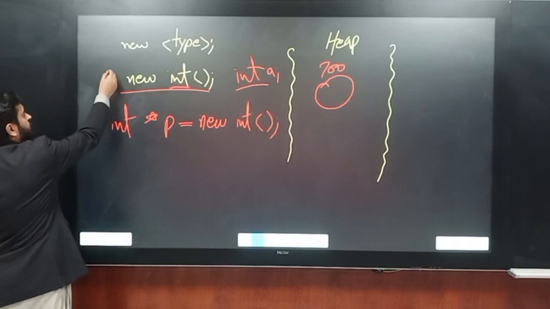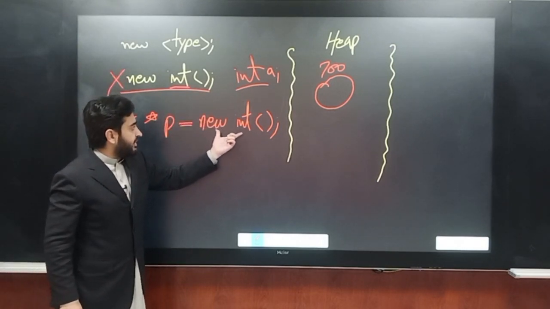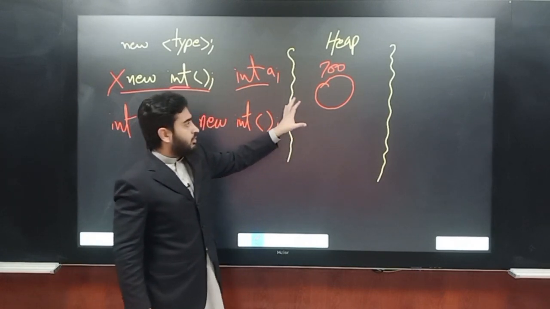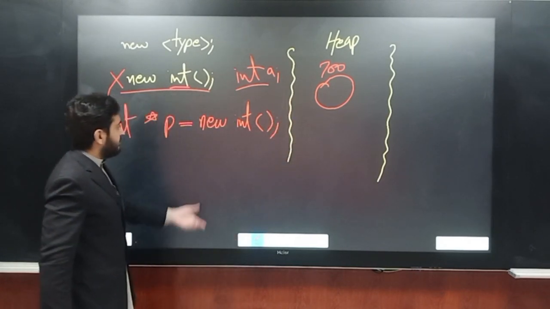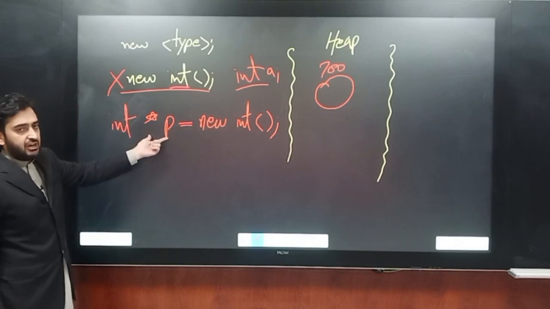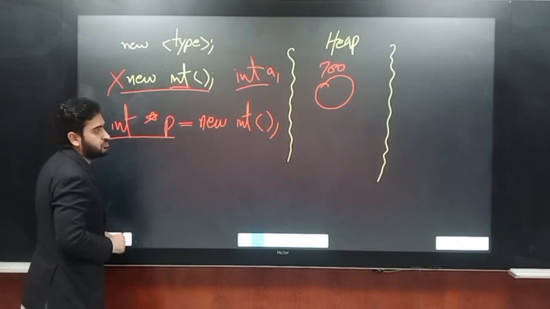This statement will create an object inside the heap in the memory, and the address of that object will be returned and saved in the pointer p. This pointer belongs to the stack.